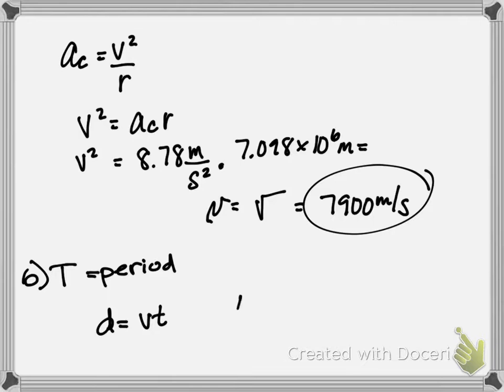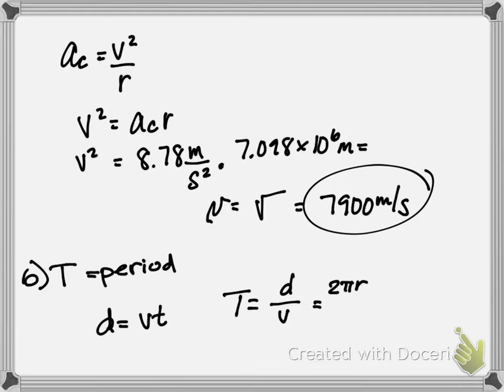So to find the period, we need the distance for one orbit divided by the velocity. To find the total distance traveled by this satellite in one orbit, we need 2 pi r.